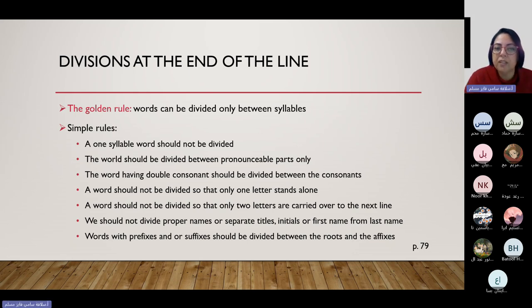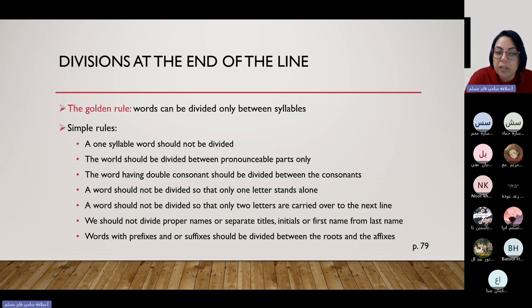A word that has double consonants should be divided between the consonants. If the word has double T's, double R's, double E's, we divide between them. A word should be divided so that more than one letter stands alone, meaning we shouldn't leave a single letter by itself.